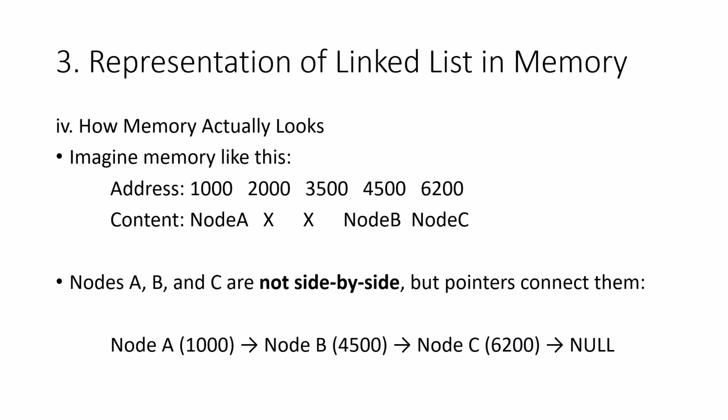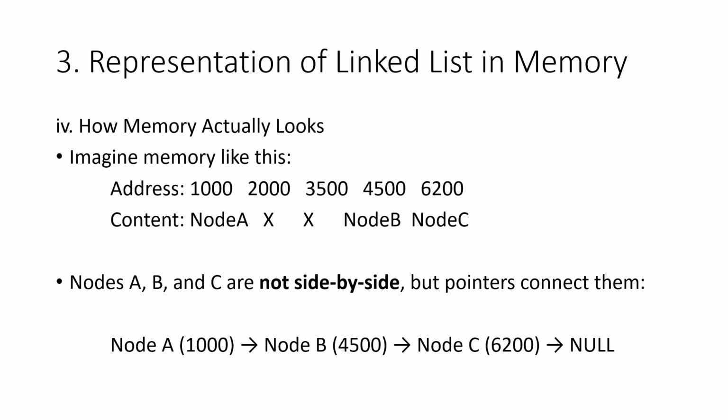Think of the computer's memory as a large collection of addresses. For example, you might have memory locations like 1000, 2000, 3500, 4500, and 6200. In a linked list, the nodes are stored at any available memory address.